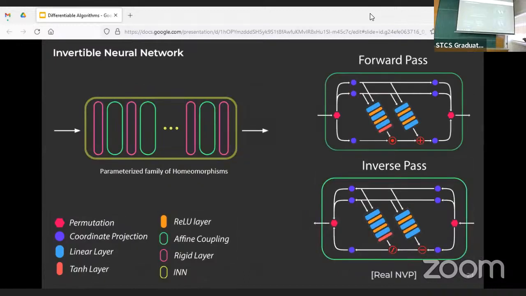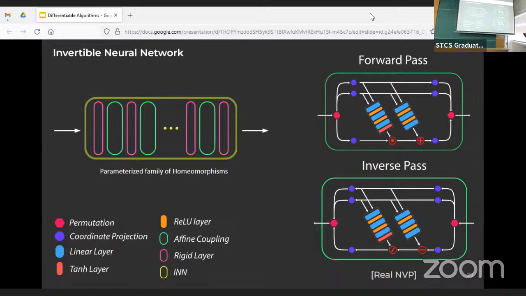And for representation of the homeomorphism, we use the idea from RealNVP, the idea of affine coupling, where you want to design an invertible function. So if we get some input, in this case with 3 coordinates x, y, z, it works in general for an arbitrary number of components.